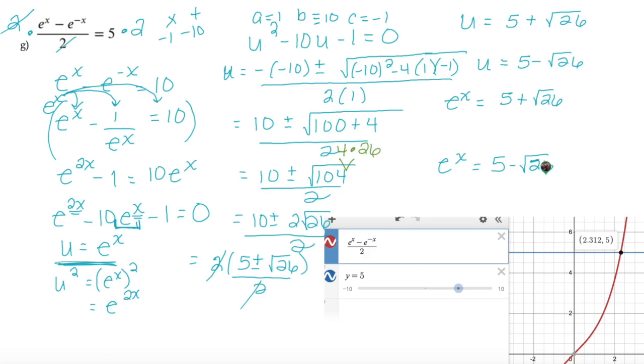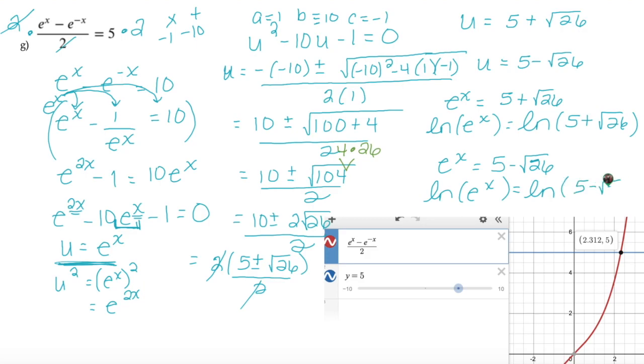To undo both sides, we'll take the natural log of e to the power of x equals the natural log of 5 plus the square root of 26. And same with our second result. However, the square root of 25 we know is 5.